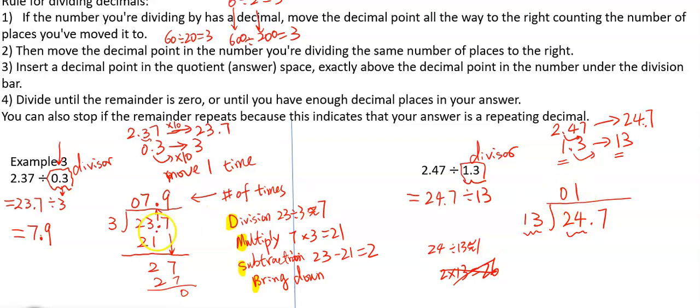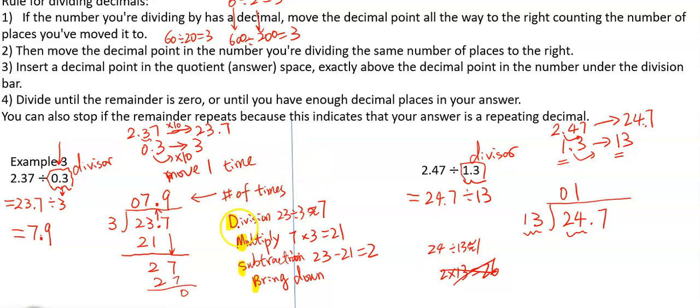For example, if some students don't put a 0 here, they think they put a 7 here. So they end up with 79 point something, which is incorrect. Okay, so let's make sure you put a 0 here. If you don't put a 0, make sure you leave it blank. All right, so we line up 1 with the 4.